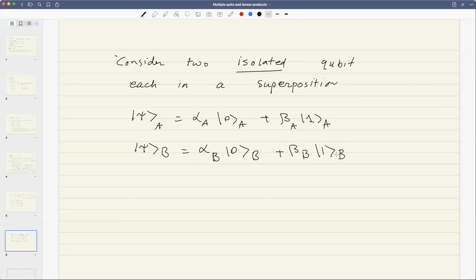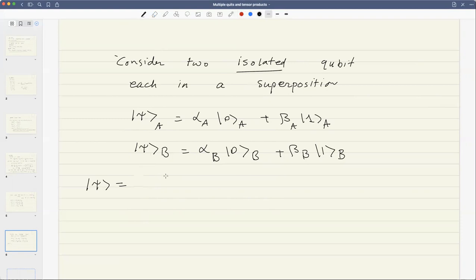Then a natural way to represent the state of the entire system is to write it in the same way that we wrote for basis states in the computational basis, those zeros and ones. I can write this psi as a tensor product of this entire superposition with this other entire superposition.